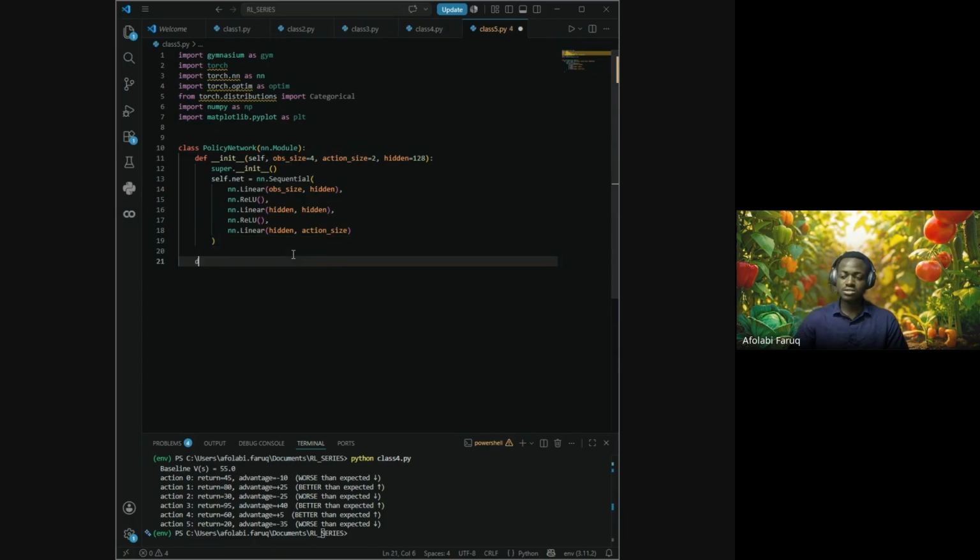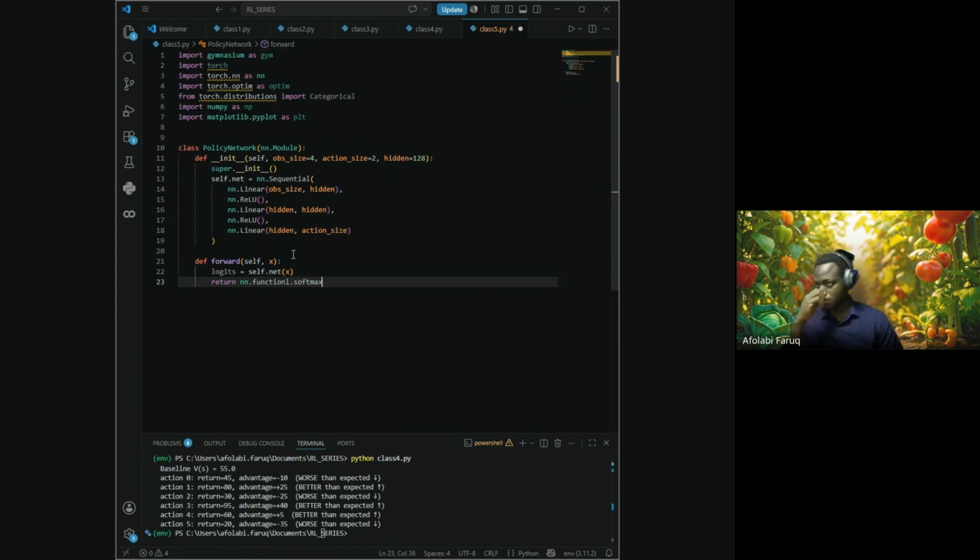Then I'll have a feed forward function. This is how we are going to implement our softmax.